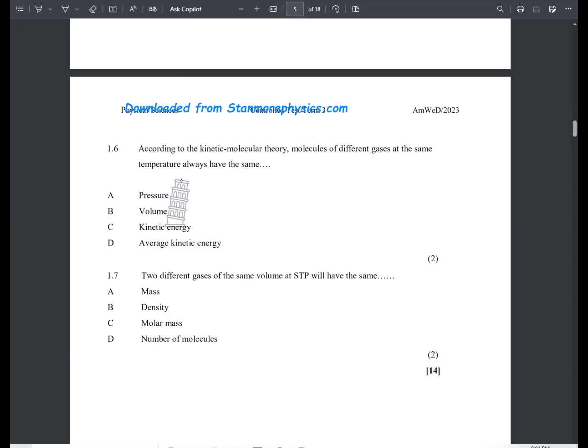Now, from the KMT, we know that temperature is actually directly proportional to the average kinetic energy of the particles, right? So hence, when we increase the temperature, we say the average kinetic energy of the particles also increases.